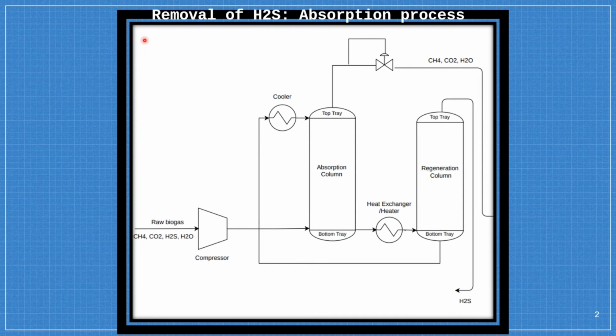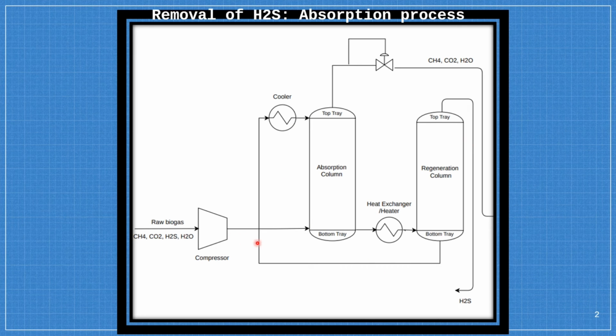Let's first take a look at the first separation technique, which is the removal of H2S by using the absorption process. H2S is an acidic gas, which is why it is required to be removed prior to other separation processes. Firstly, the stream of raw biogas containing CH4, CO2, H2S, and H2O is compressed to achieve the operating conditions of the absorption unit.